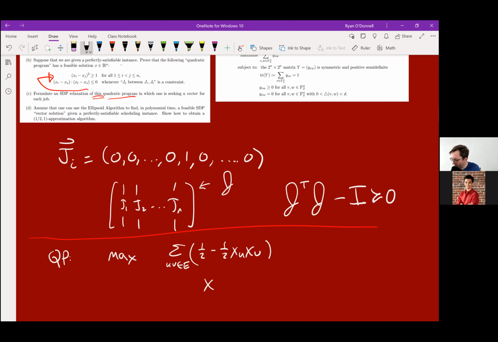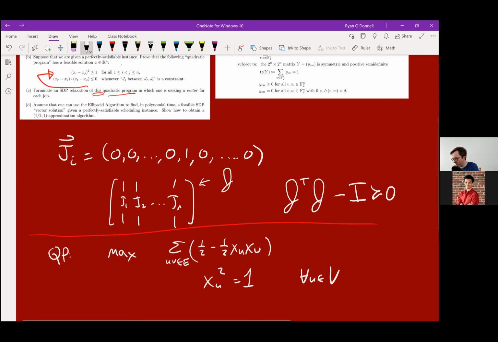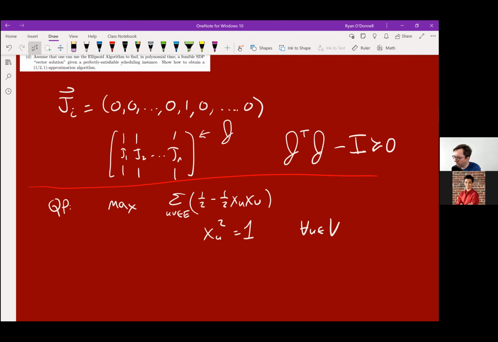We had x_u squared is 1 for all u. Since this is quadratic, not linear, it was a problem. So we wanted to introduce some variables y_uv that were supposed to stand for x_u times x_v.